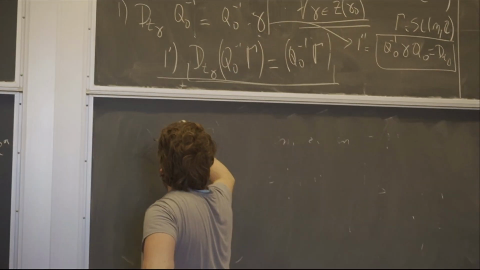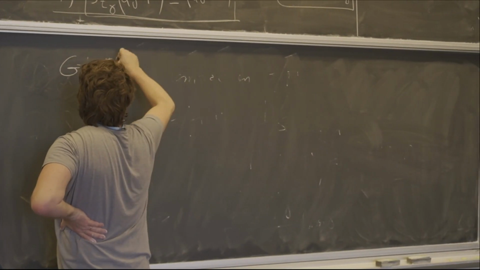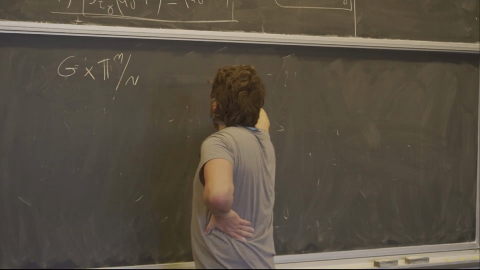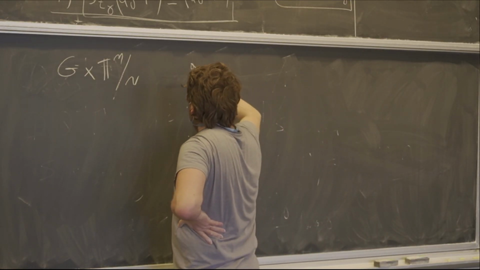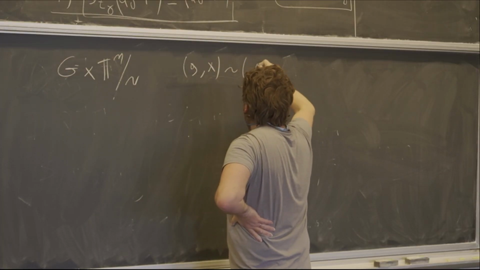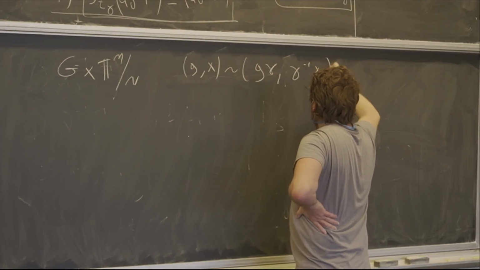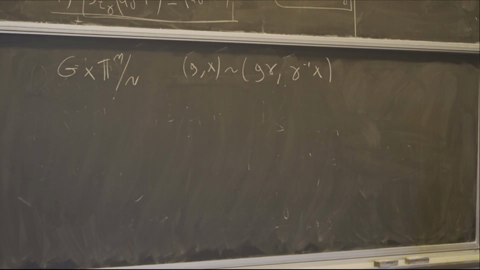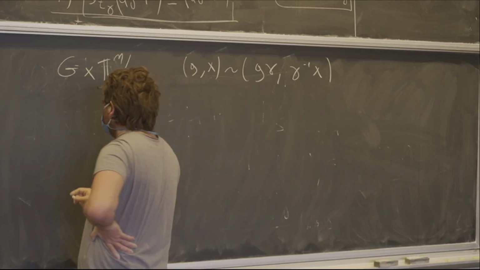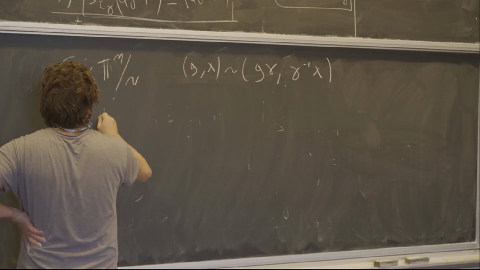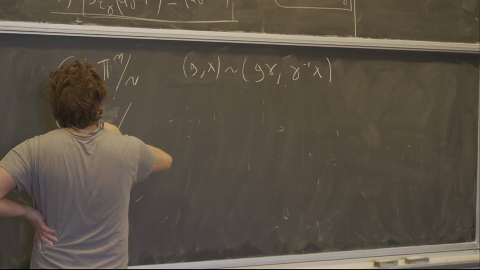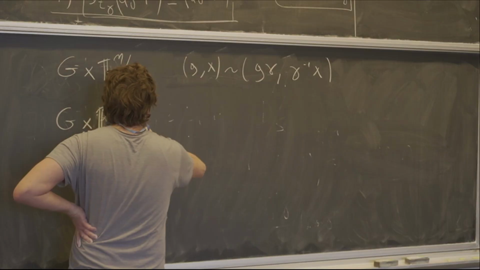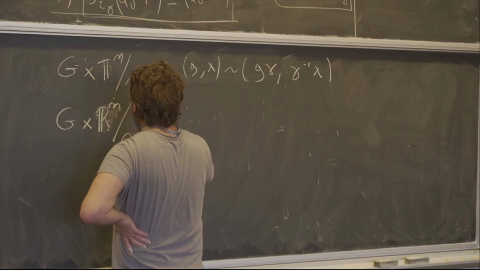So we have G times T^n modulo the relation. And here the relation is Gx with G gamma inverse x. Okay, now I will define a second quotient space, different quotient space. Actually, it will be modulo R^n modulo some equivalence prime.